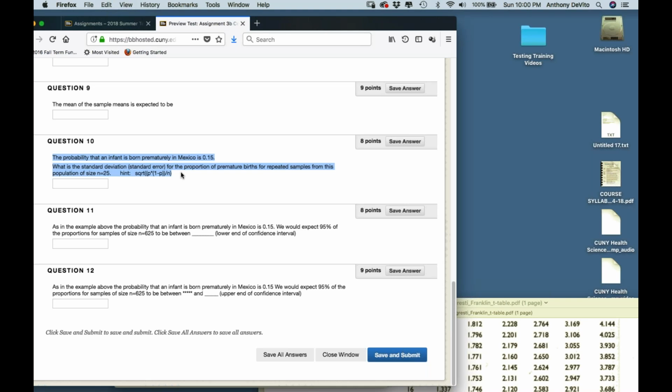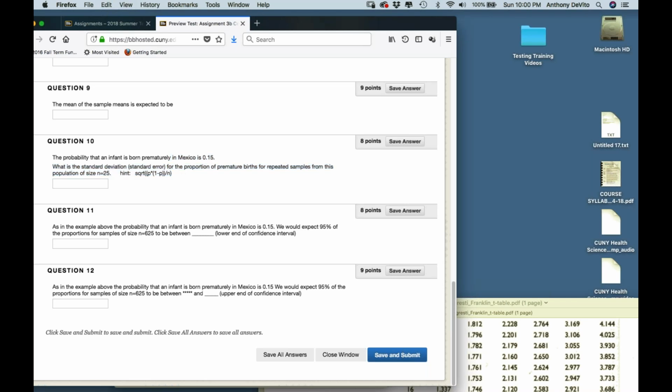Okay, the probability of an infant being born prematurely in Mexico is 0.15. What is the standard deviation for the proportion of premature births for repeated samples from the population of size 25?